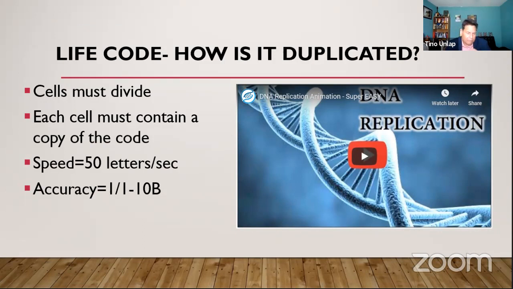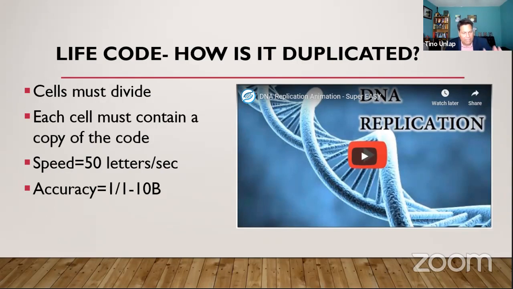Because we're trying to save time, I'm not going to play this video, but there are a lot of cellular machines and proteins that actually copy or duplicate the code, right? And the speed is not extraordinary.